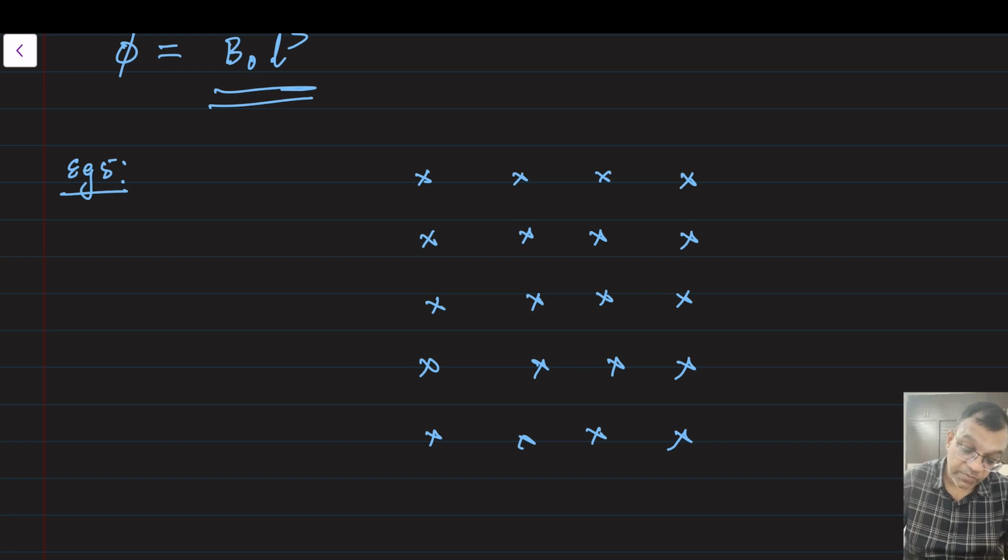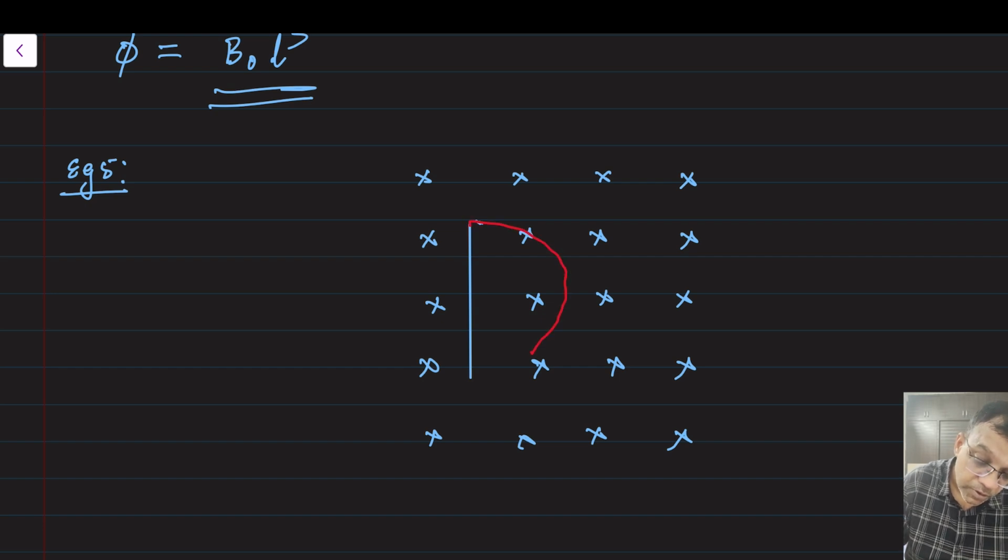And say, for example, not a rectangular, rather this type of arrangement I am taking, this type of semicircular rod. When this rod is moving this side, is there cutting of flux?